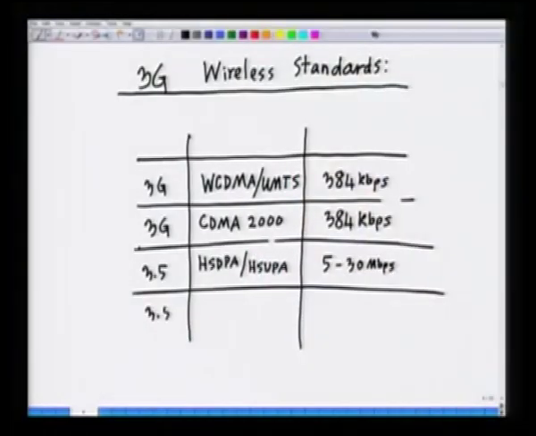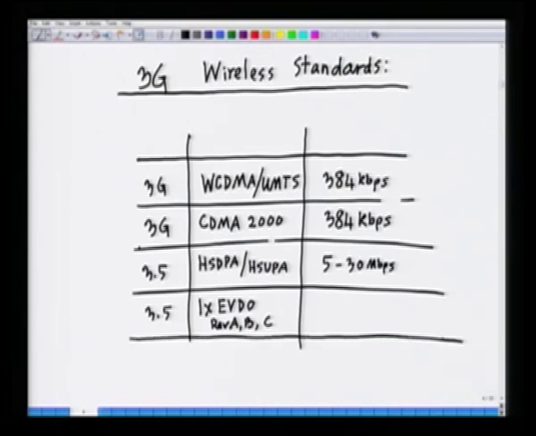Another family of competing 3G standards for high speed data access especially are the 1X EVDO group of standards, 1X EVDO, 1X EVDO Rev A, B, C. Rev stands for revision, that is 1X EVDO, and then subsequent modifications denoted as Rev A, revision A, revision B, revision C, and these are also capable of data rates around 5 to 30 Mbps.